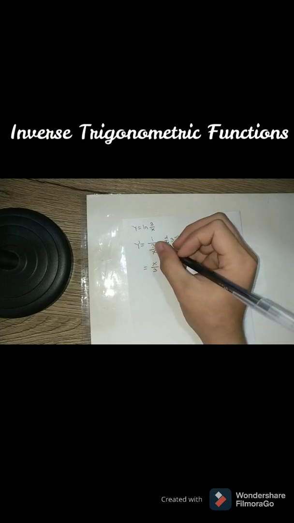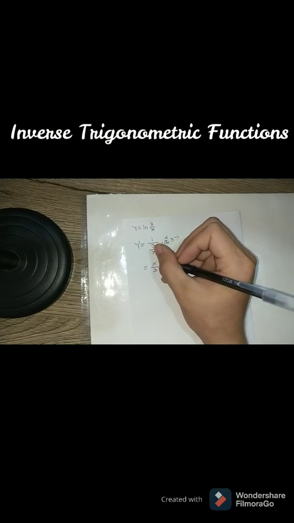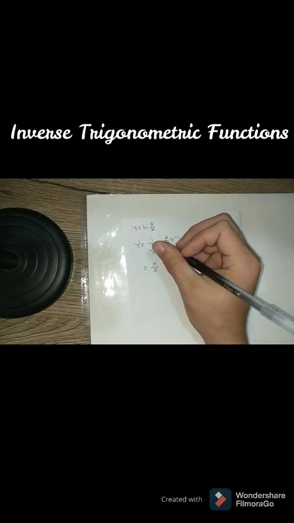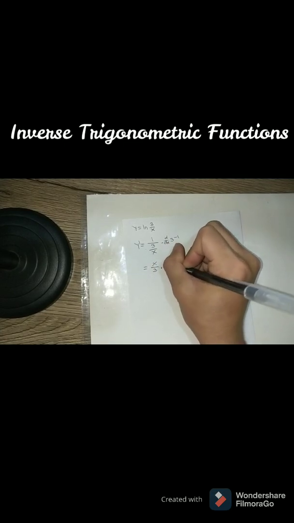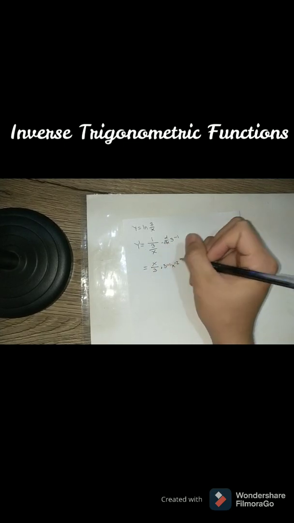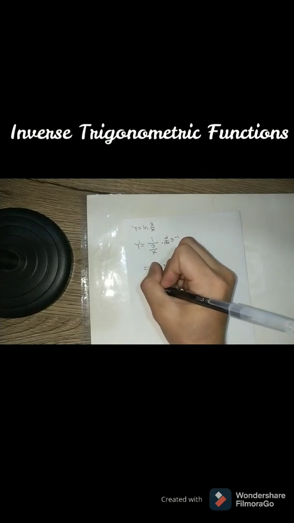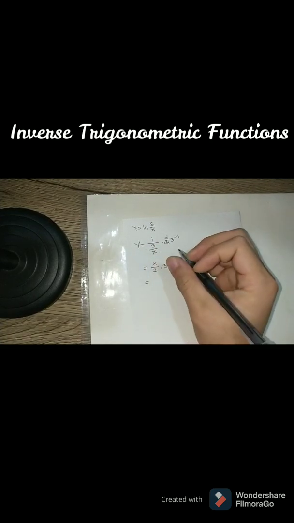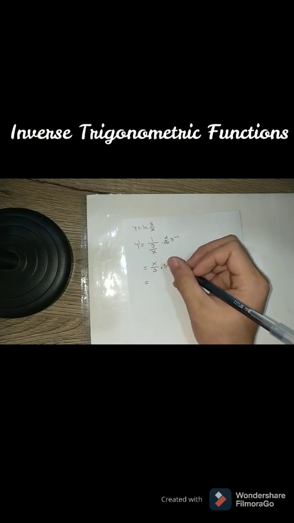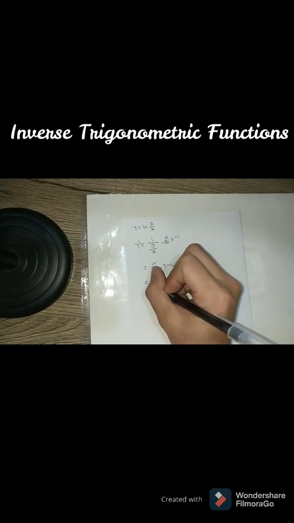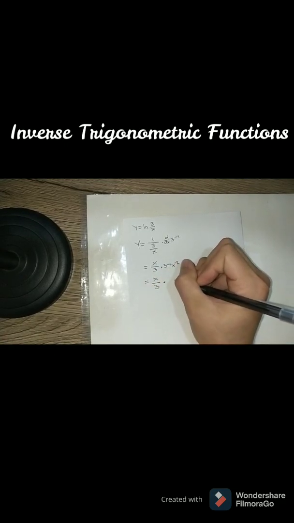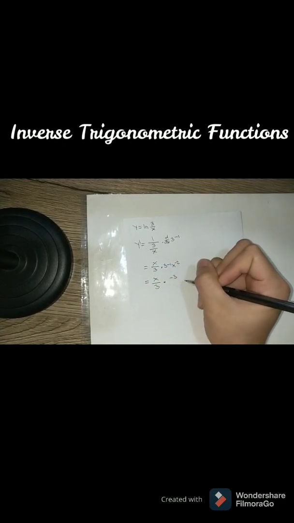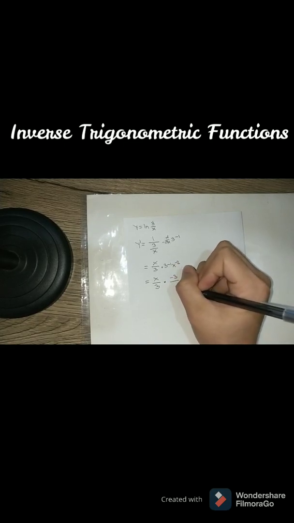Then the derivative of x raised to the negative 1 is negative x to the negative 2. Since we're multiplying this, we get x over 3 times negative 3 over x squared.